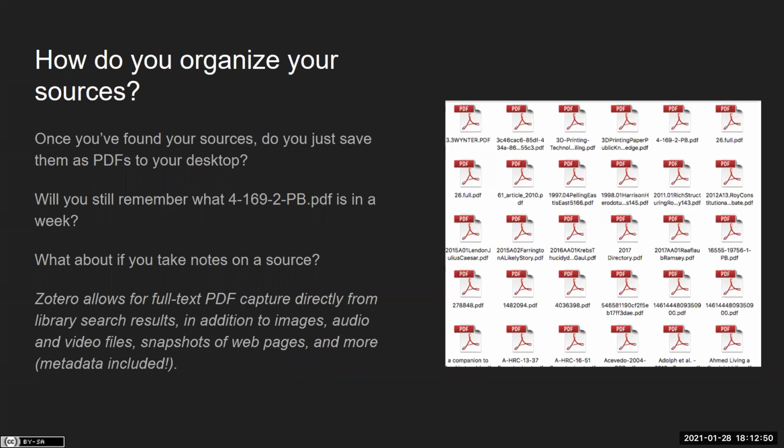If I'm looking at a journal article in here, this one third row down all the way on the left, 2015 A01 Lendon Julius Caesar, that is an article about Julius Caesar published in 2015 by someone named Lendon. And that article is just a PDF right now. But in Zotero, there's going to be an author name, a publication, the full title of the work, number of pages, and all that kind of stuff that you need to create a bibliographic citation, as well as that PDF.